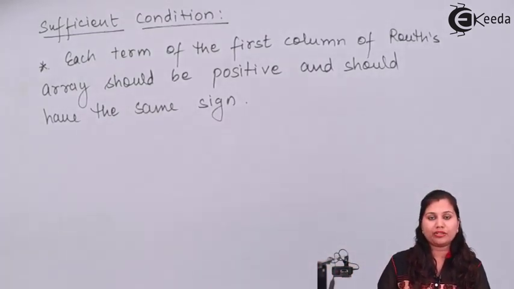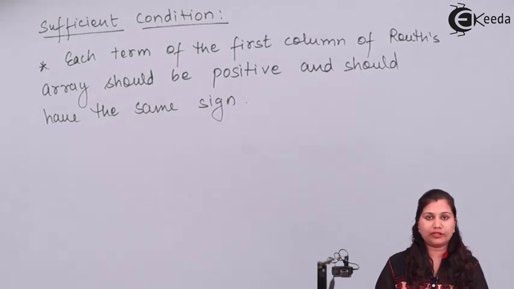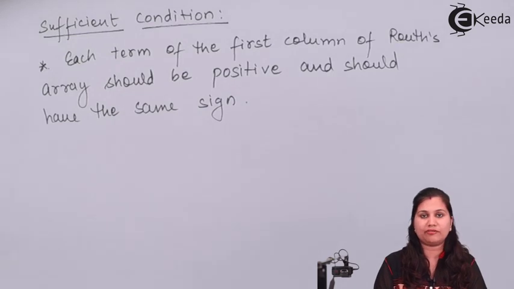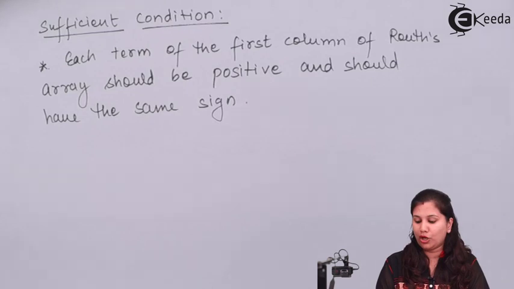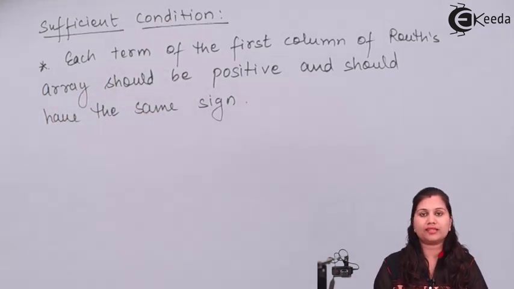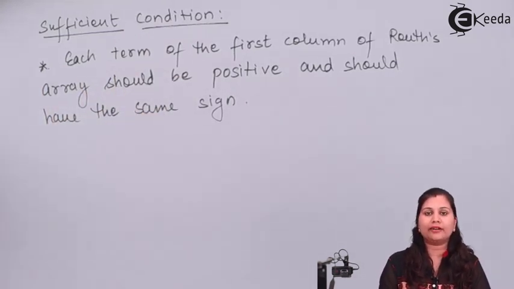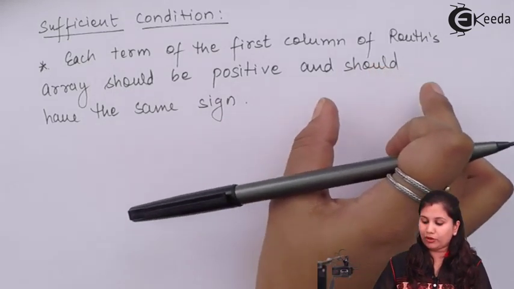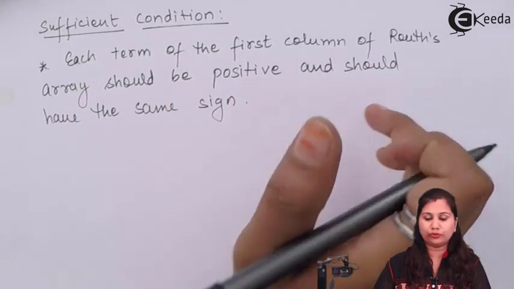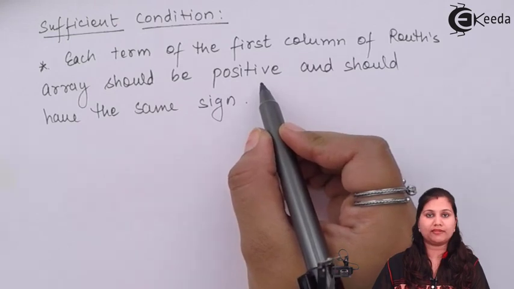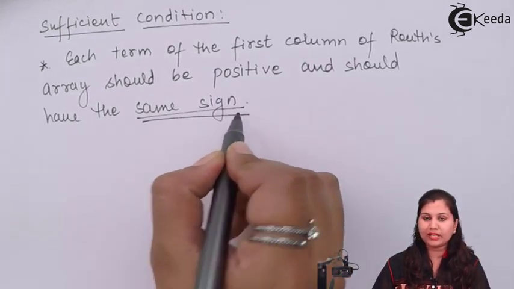If all the terms in the first column have the same sign, then there will be no sign change in the first column, and no sign change means that the system is stable. So the sufficient condition for a system to be stable is that each term of the first column of Routh's array should be positive and have the same sign.